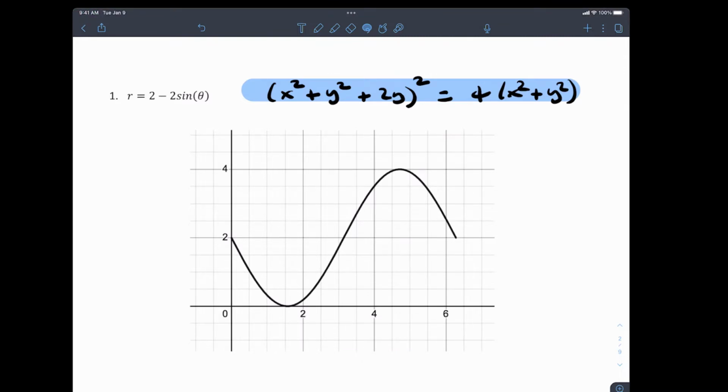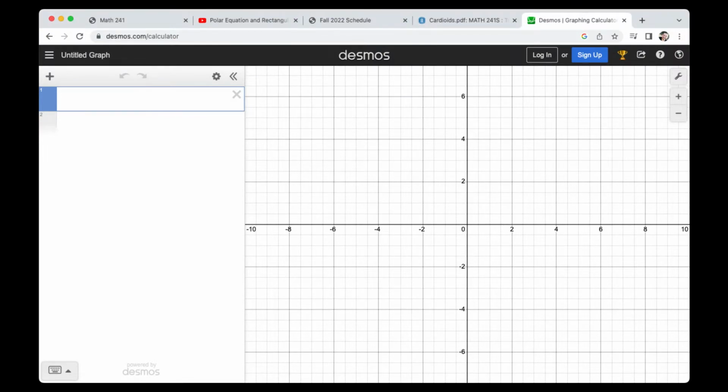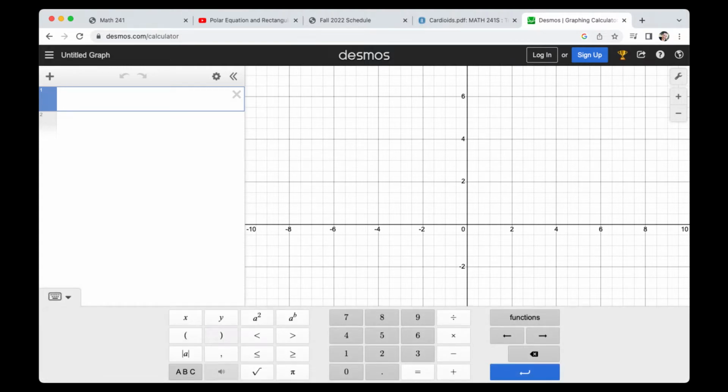Let's find Desmos. Where are you, Desmos? If we had to learn how to graph this in rectangular coordinates, let's put that in Desmos. Let's even see if Desmos knows. Desmos knows everything.